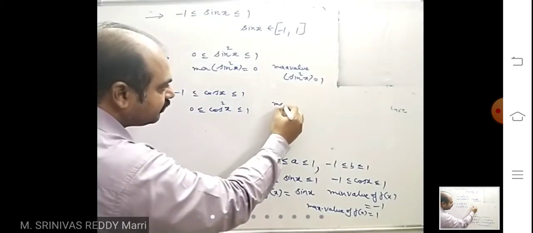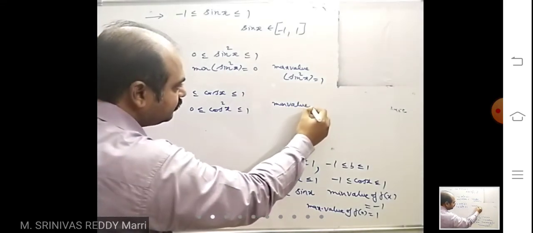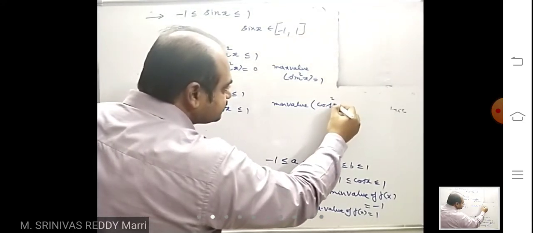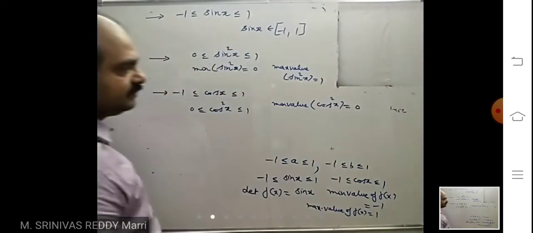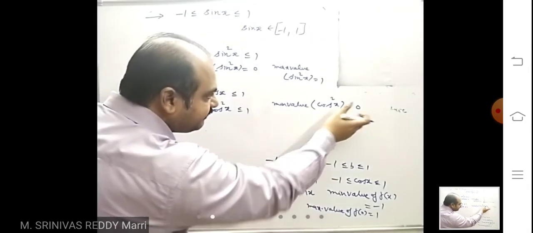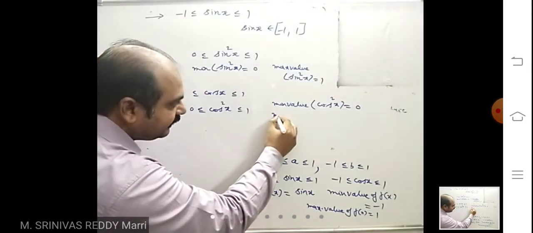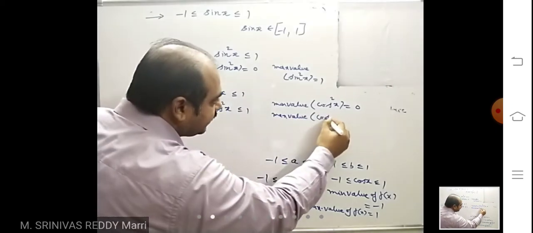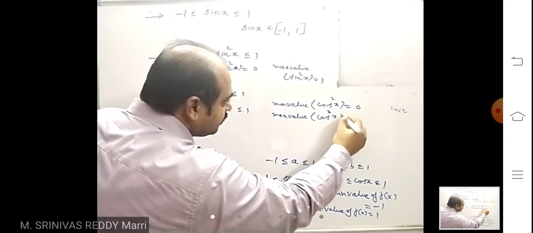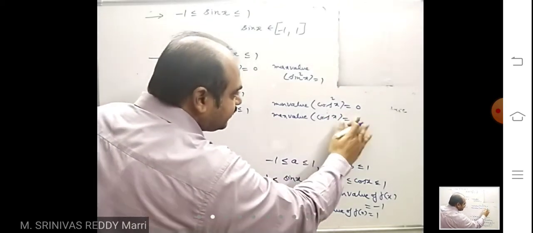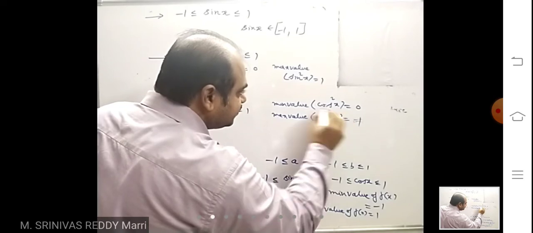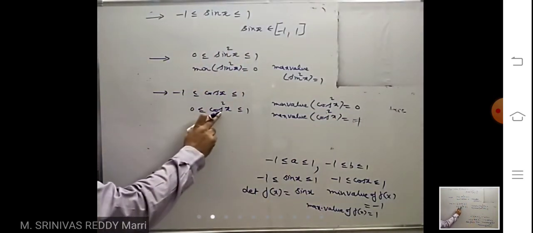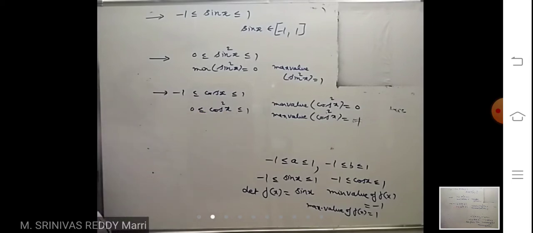Therefore, minimum value of cos square x is 0. Suppose if we substitute 90, it will be 0. Maximum value of cos square x. If you substitute 0, it will become 1. Suppose substitute x equal to 0, it will become 1. You cannot get negative values. That's why cos square x always lies between 0 and 1.